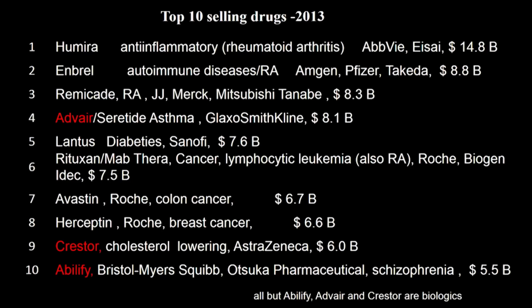And the drugs which are marked in red are manufactured using chemical routes, whereas other drugs are manufactured by biological route. So what it means is slowly the pharma companies are moving towards making drugs using a bioprocess approach rather than a chemical approach.